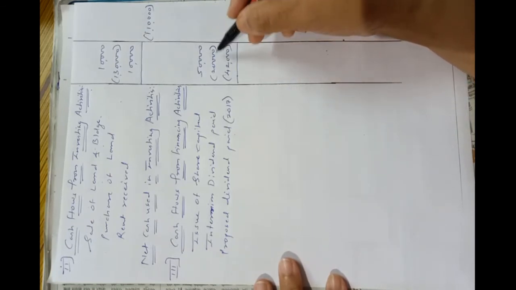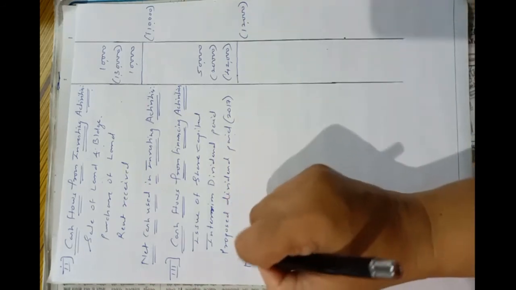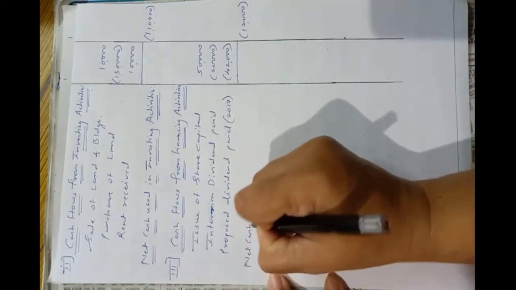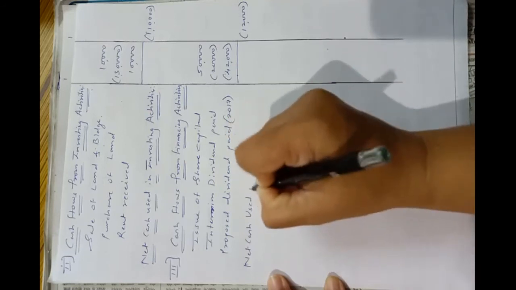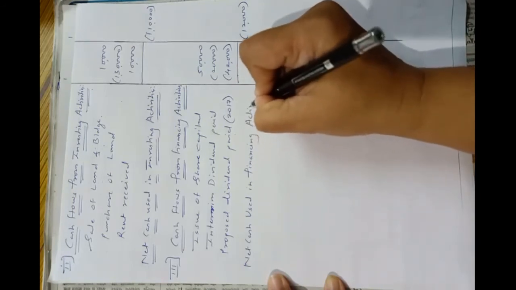Total of 42,000 and 20,000, it is 62,000 and positive 50,000, so answer will be negative 12,000. Okay, so this is net cash used in financing activities.